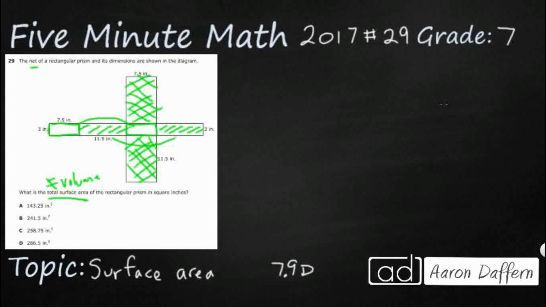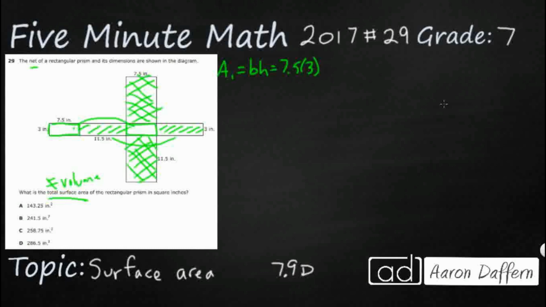So let's start with this first one. The area of my first one, I'll put that A sub 1, is going to be base times height, right? So that's base of 7.5 and height of 3.